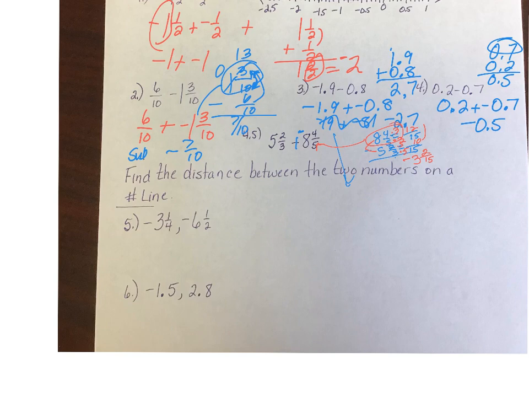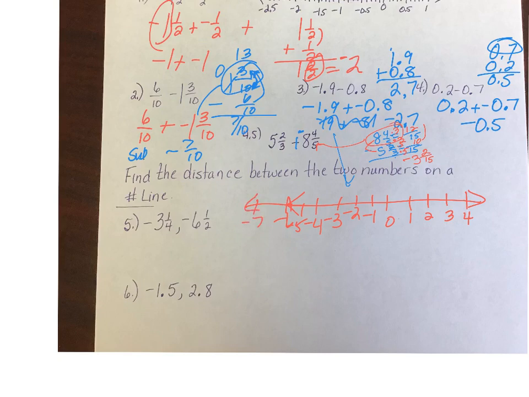Okay, this one says find the distance between the two numbers on a number line. I'm going to sketch this out here. Okay, this is 0, 1, 2, 3, 4, -1, -2, -3, -4, -5, -6, -7, okay?